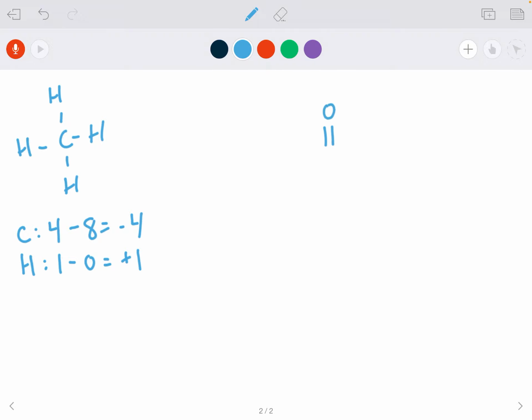Let's do formaldehyde. So a double bond in this one. Now we've got oxygen, carbon, and hydrogen. Oxygen. When you have a double bond, think of it as 2 single bonds. There's 4 electrons within that double bond.